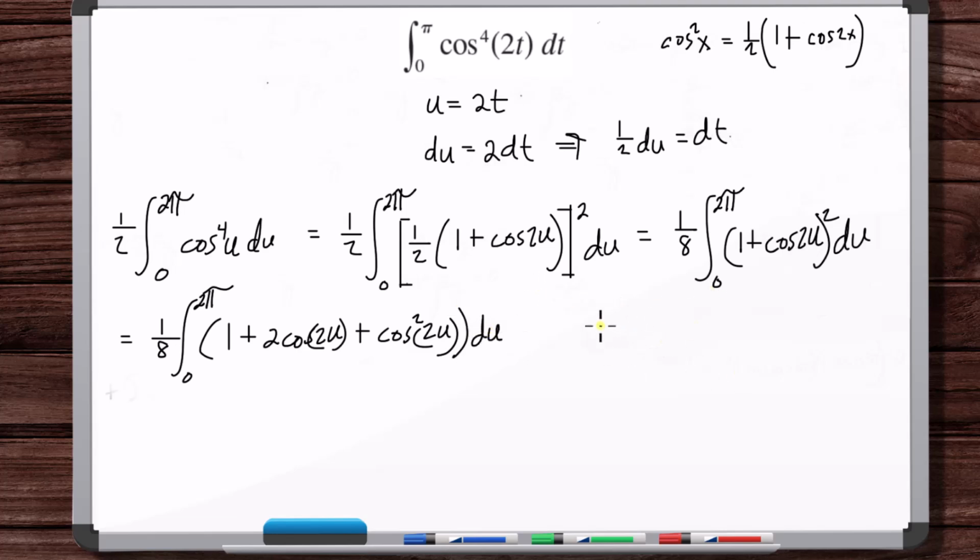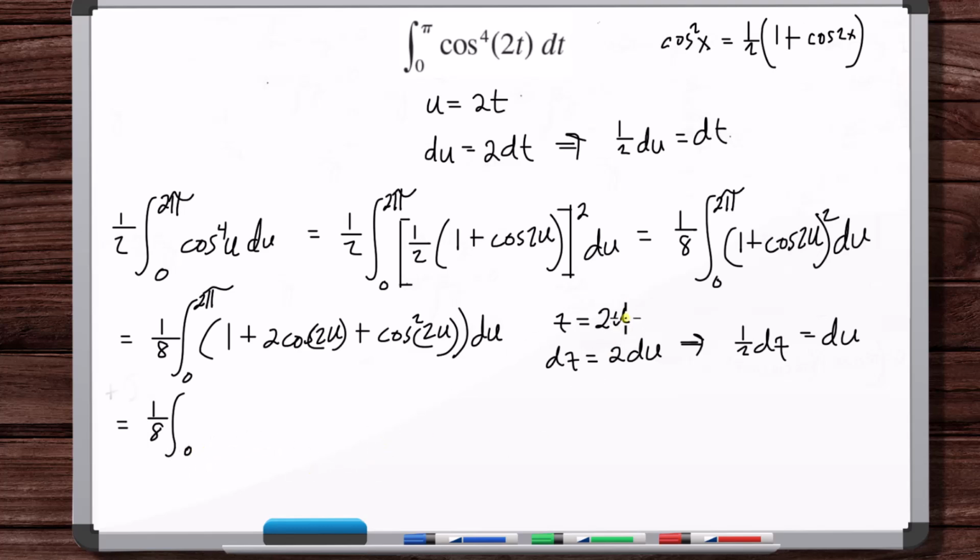Okay, so let's actually make another substitution. Let's say that z is equal to 2u. Therefore, dz is equal to 2 du. 1/2 dz is equal to du. All right. When u is equal to 0, z is equal to 0.